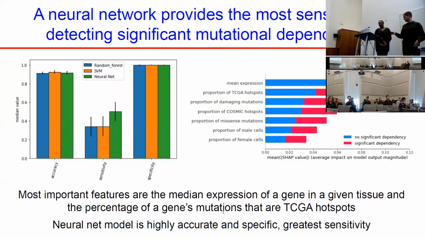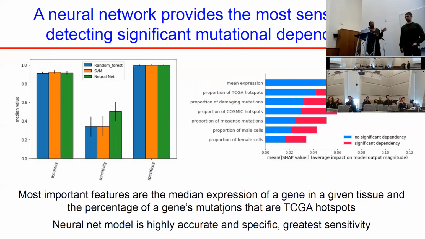So we train our data using several machine learning approaches, such as random forest, SVM and neural net. And we found that for all these machine learning algorithms, they were very accurate and specific.